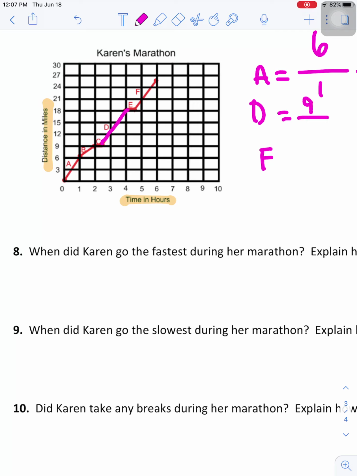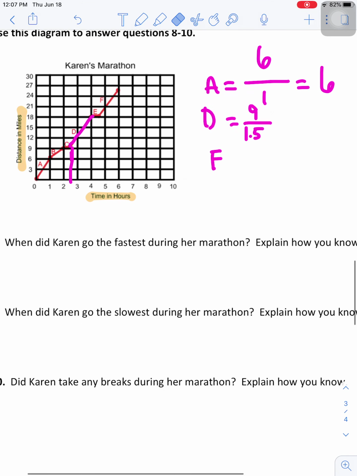And her time looks like it went from about 2.5 hours, if we were to extend this down, to 4. So divided by 1.5. Now, if you take 9 and divide it by 1.5, you end up with 6. So A and D are actually the same.